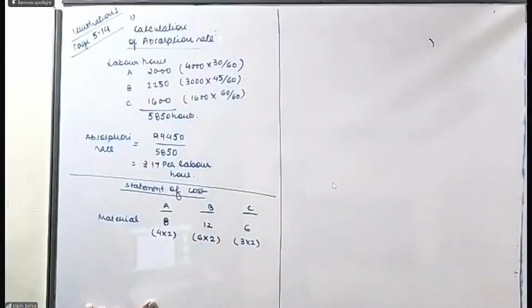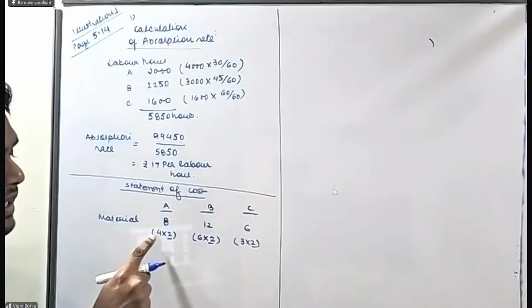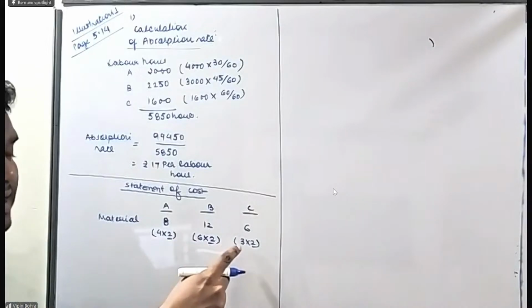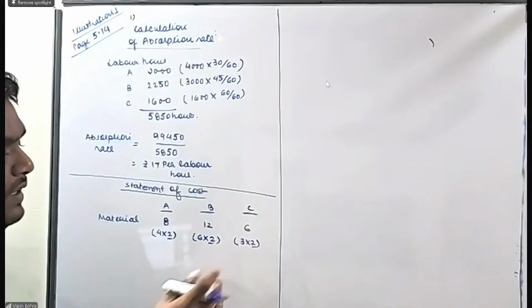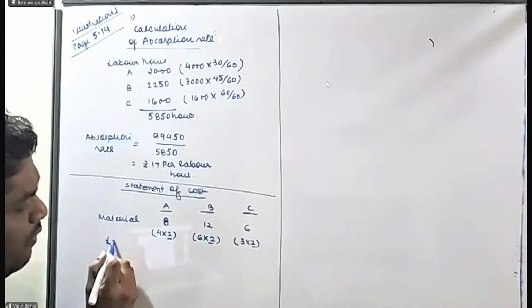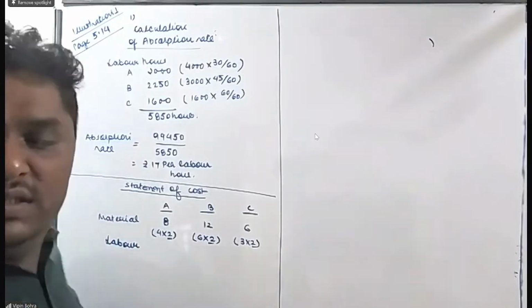Anyways, guys, we are done with the calculation of absorption rate. Now when talking about the material cost, it is given rupees 2 per kg. The quantity of material is 4 kgs, 6 kgs, and 3 kgs. So 4 into 2, 6 into 2, and 3 into 2. When talking about the labor cost, the labor cost is given, that is rupees 10 per hour.